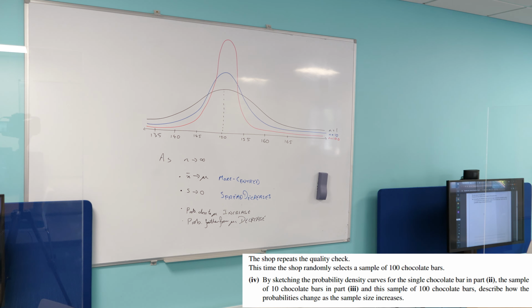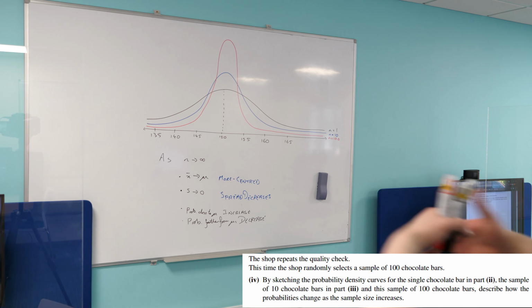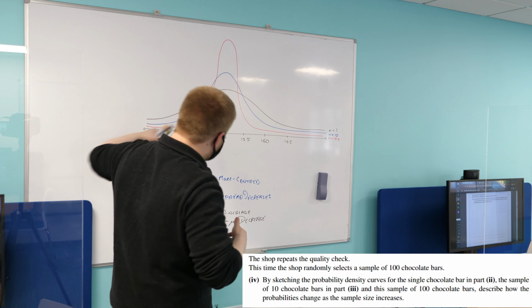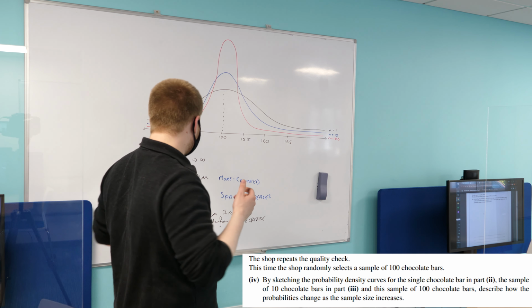So to be honest with you, this is what this question is getting at. Sketching probability density curves for the chocolate bars in 1, 10 and 100 sample sizes, describe how the probabilities change as the sample size increases. So first of all, you need to draw these curves and you need to show that this clearly happens. It becomes more centered around here and the spread decreases further away.